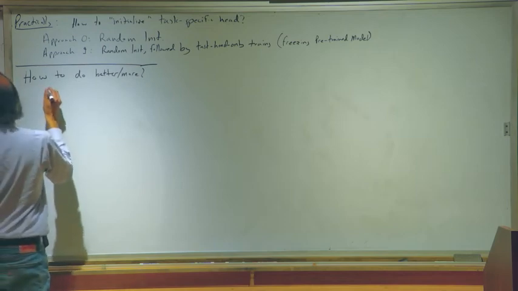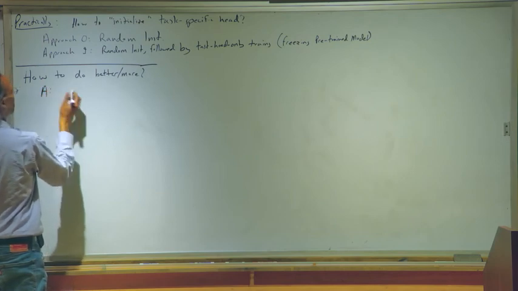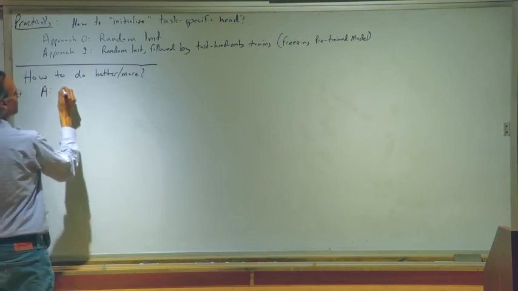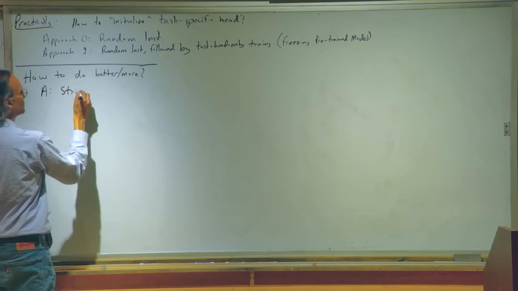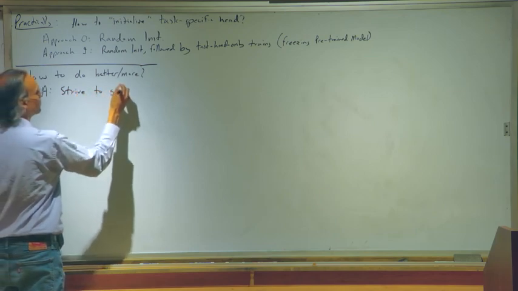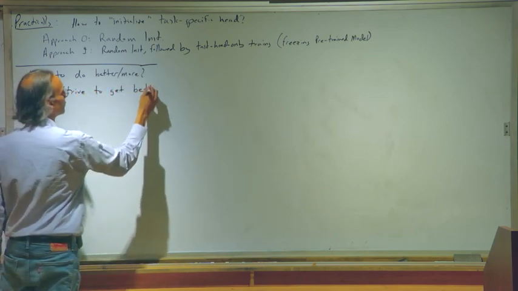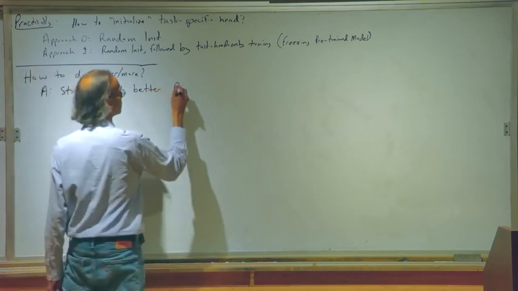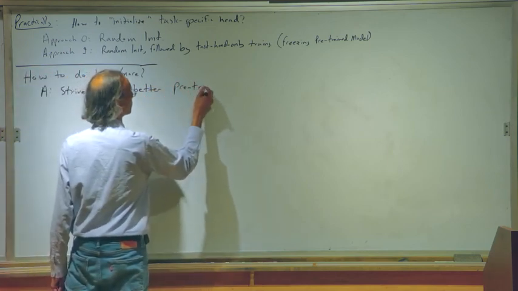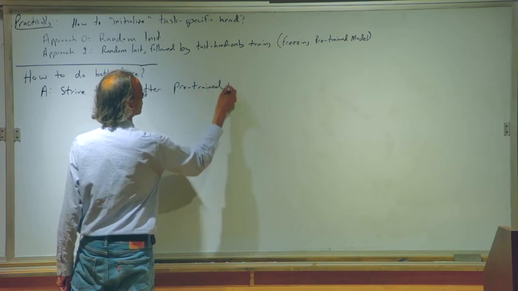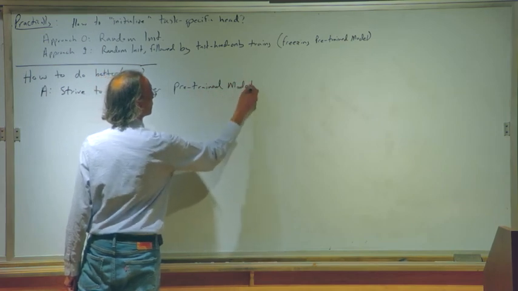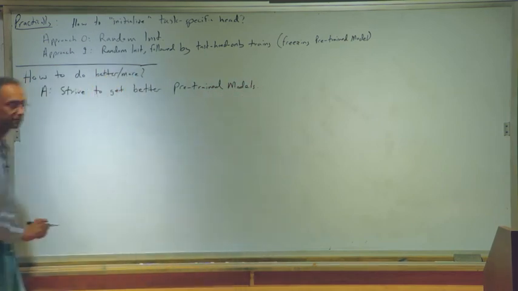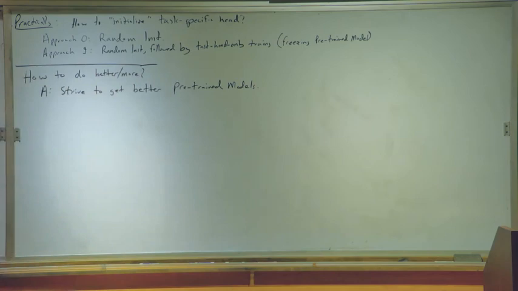So let's say approach A. How can you get better pre-trained models?